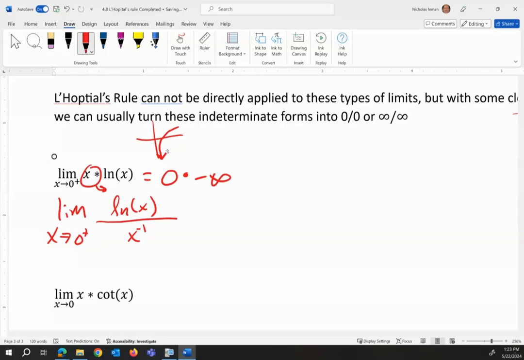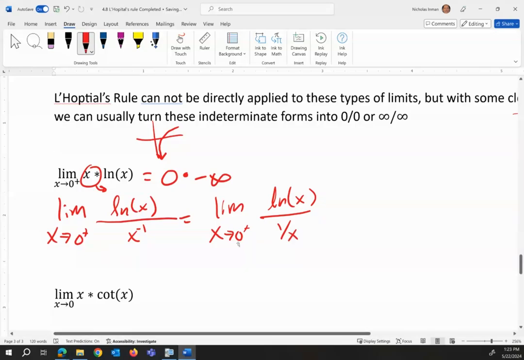Now, if I look at this thing, if I put in 0, well, what is x to the negative first? That's like 1 over x. So now if I put in 0 here, 1 divided by something really close to 0, that's going to make a really big answer.